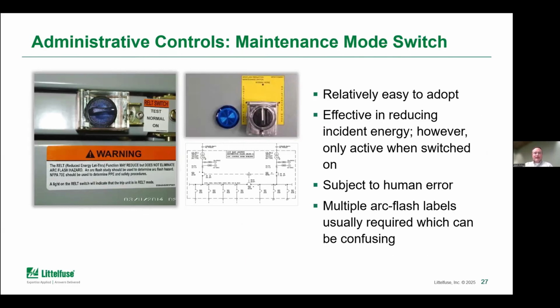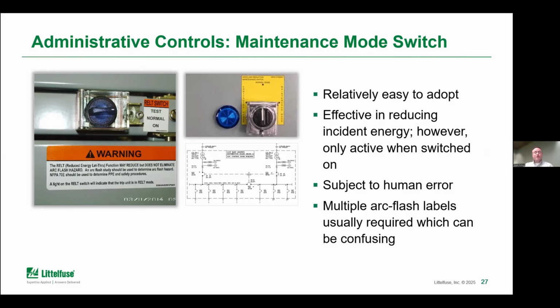And the last couple items here, once we move down out of engineering controls into administrative controls, one that is somewhat common is a maintenance mode switch. So different manufacturers have different names for it, but this is a switch that can be fitted with a circuit breaker.